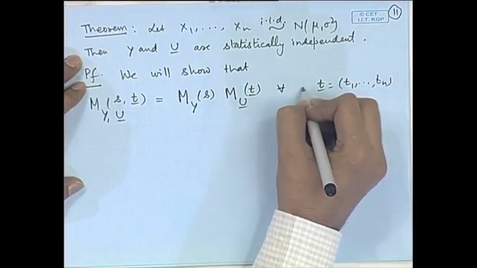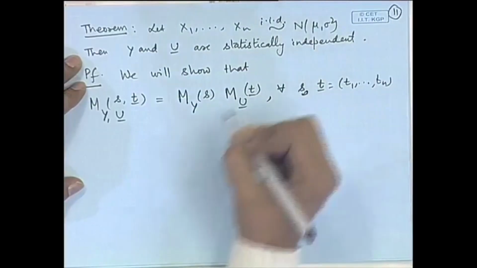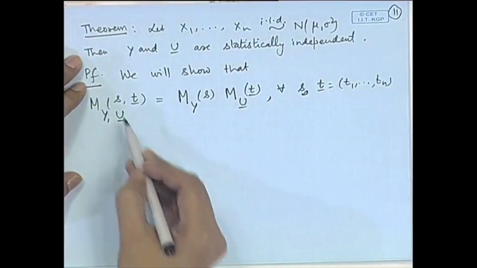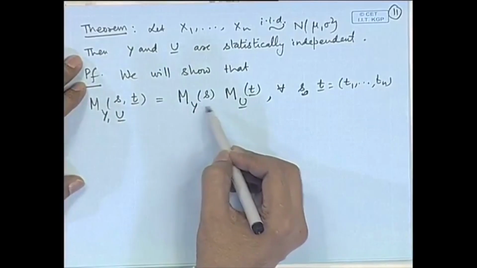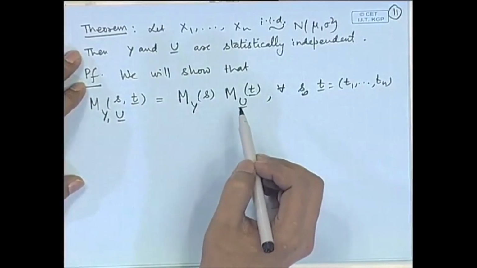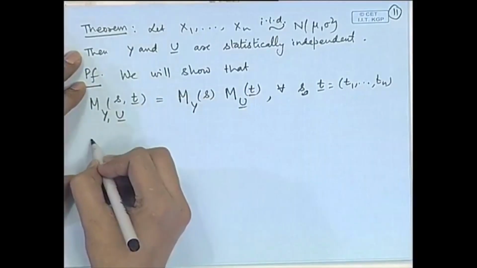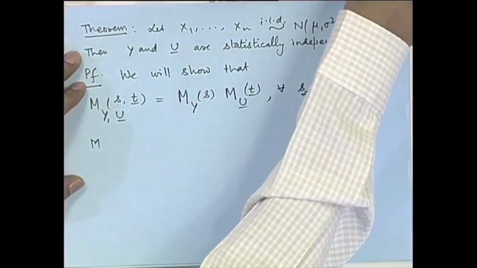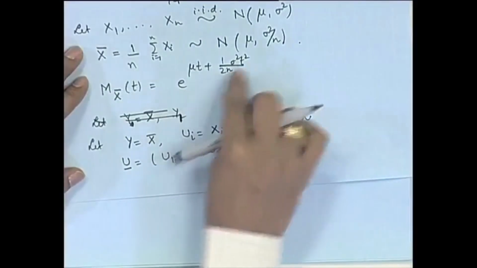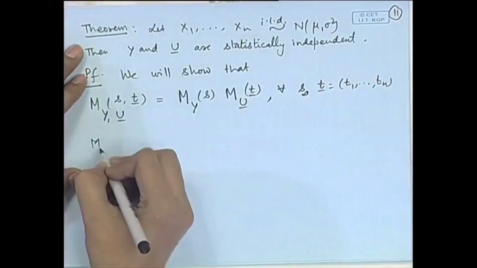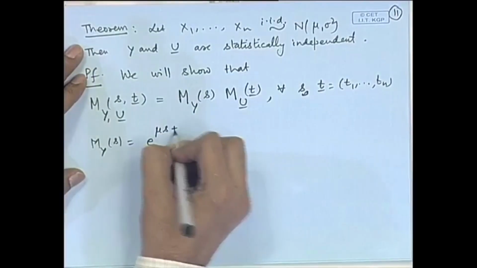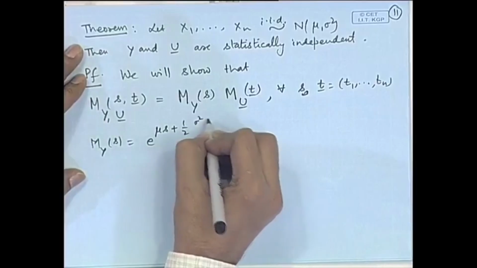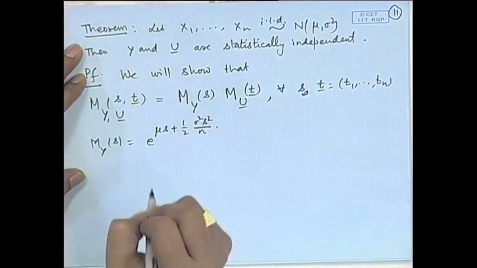So, this is true for all s and all t. So, we need to evaluate the moment generating function of y, u and the individual moment generating functions. So, already the moment generating function of y, that is x bar, is given to us. So, M y of s is e to the power mu s plus half sigma square s square by n.